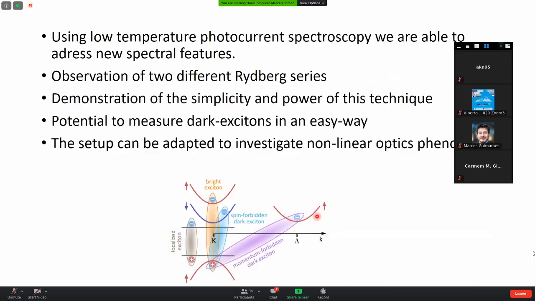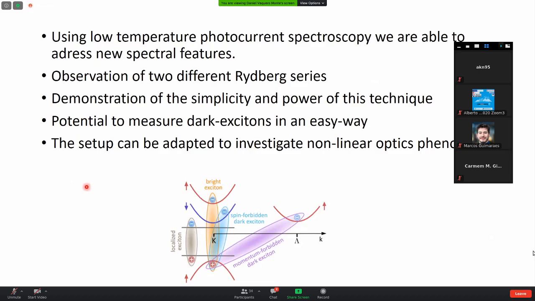So, as a conclusion, to finish the presentation, we have developed a new experimental system to study excitonic transitions. We performed an observation of two different Rydberg series in the same spectra, and we have demonstrated the simplicity and the power of this technique.